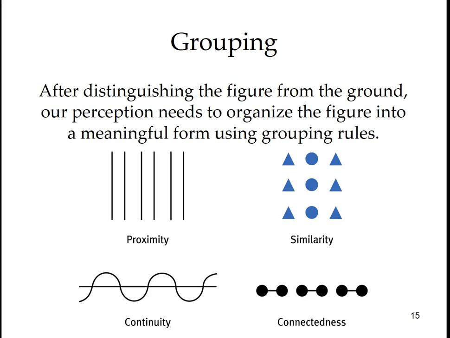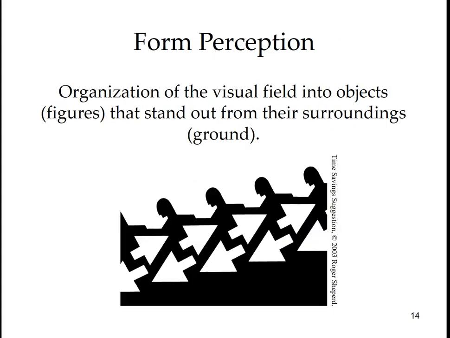So our first task of perception is to perceive any object, called the figure, as distinct from its surroundings, called the ground. We also organize the figure into a meaningful form. Gestalt principles for grouping that describe this process include proximity: we group nearby figures together.